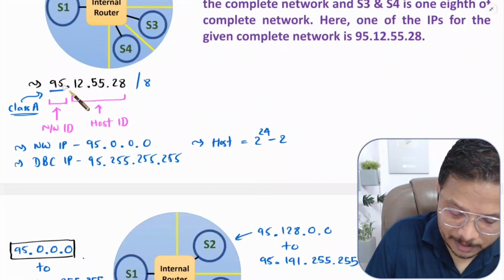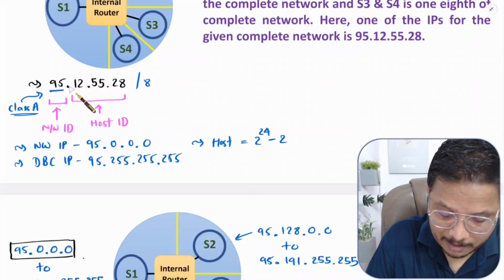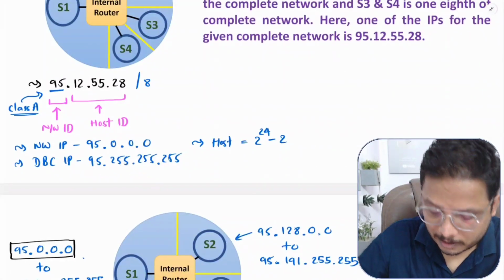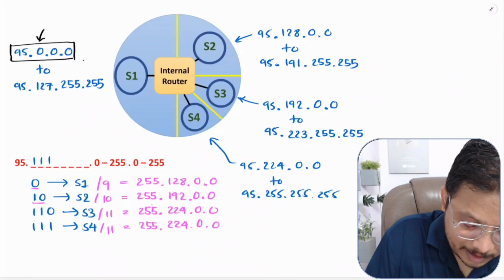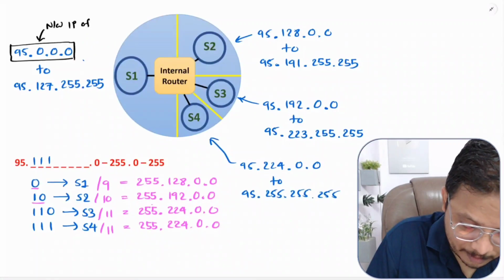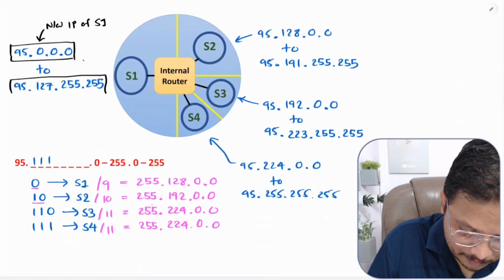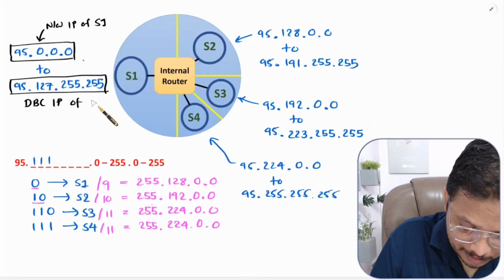With the complete network, the lowest IP was the network IP, and the highest IP of the complete network was the direct broadcast IP. So here also the lowest will be the network IP of subnetwork S1, and the highest will be the direct broadcast IP of S1.